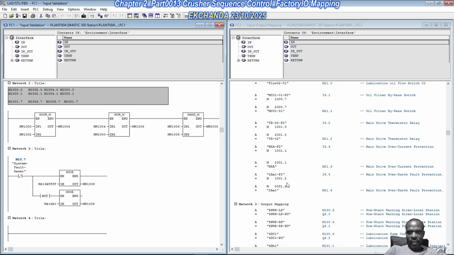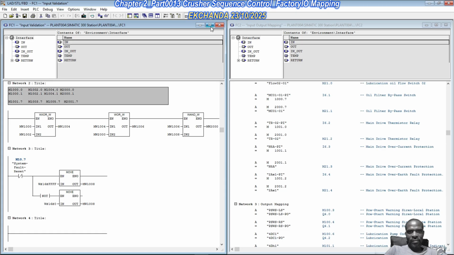But we have to be mindful that this memory word only goes as far as memory word 1001.7, and we're already playing with 1001.2. So what I'm going to do is this.